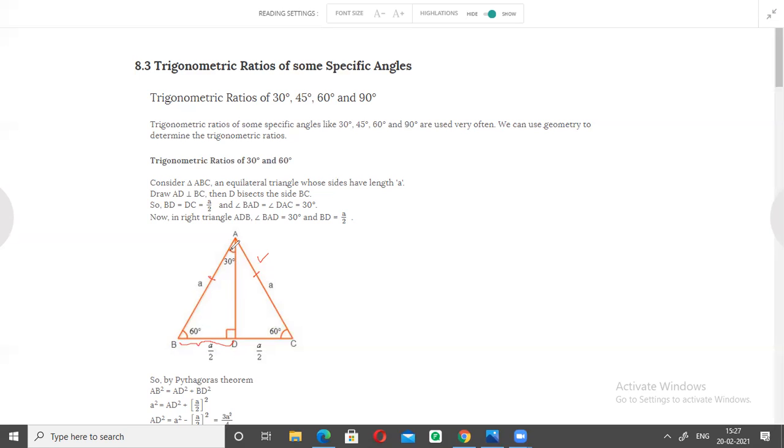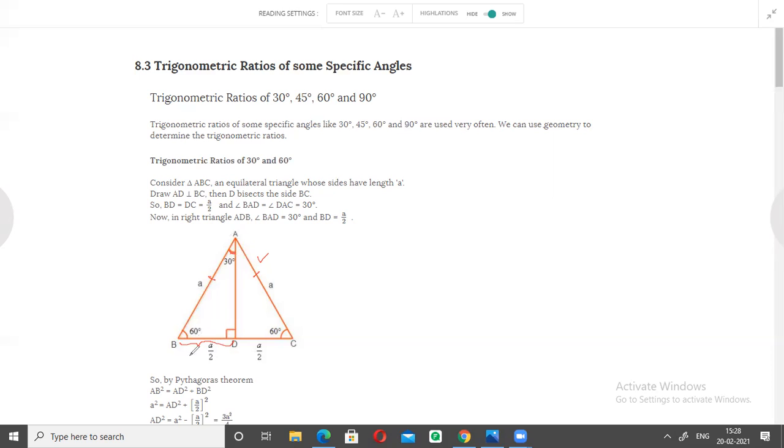So this angle will be 30 degree. Now you got a right triangle ADB, in which angle B is 60 degree and angle BAD, this angle, is 30 degree. Now this hypotenuse is AB, which is A.